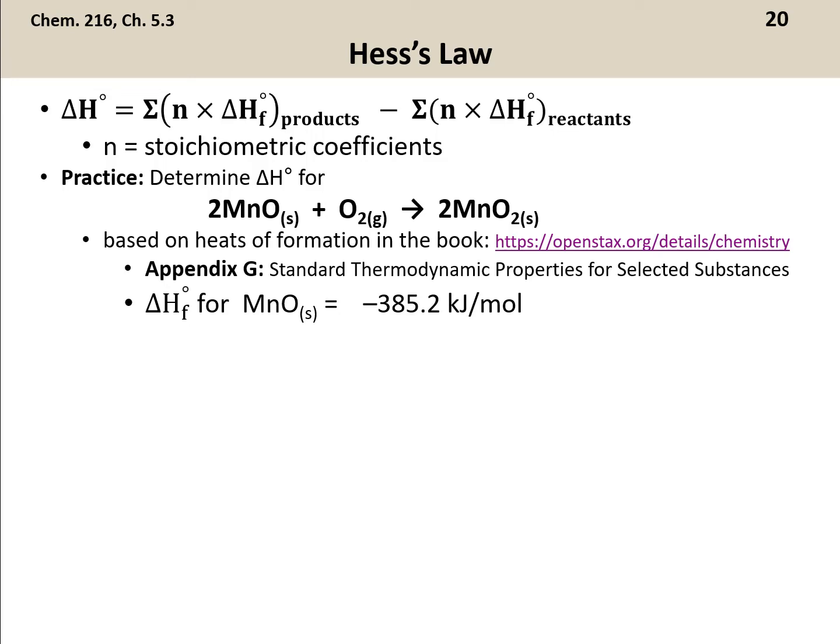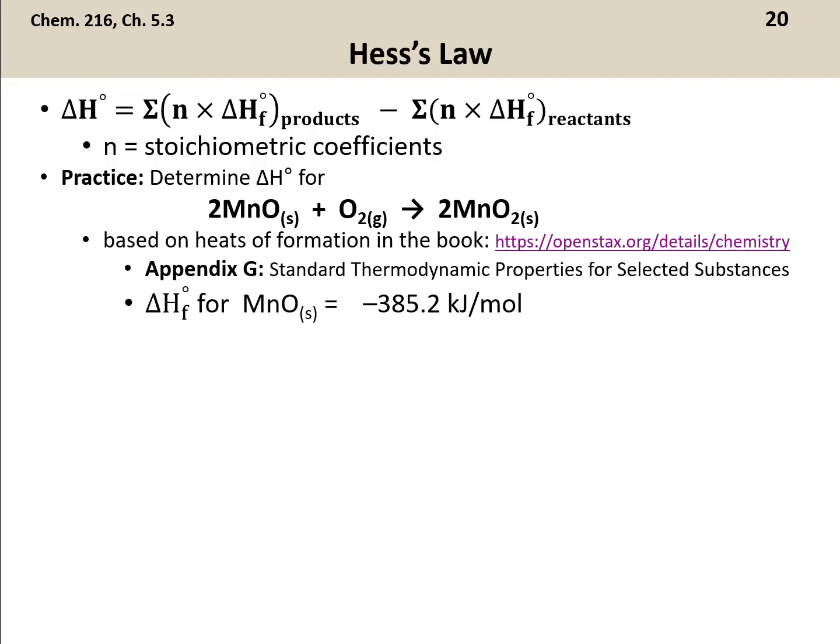We're just told, hey, use their heats of formation. Well, we can go to the book. It's right here in Appendix G, which is in the back of the book. It has the standard thermodynamic properties for selected substances.